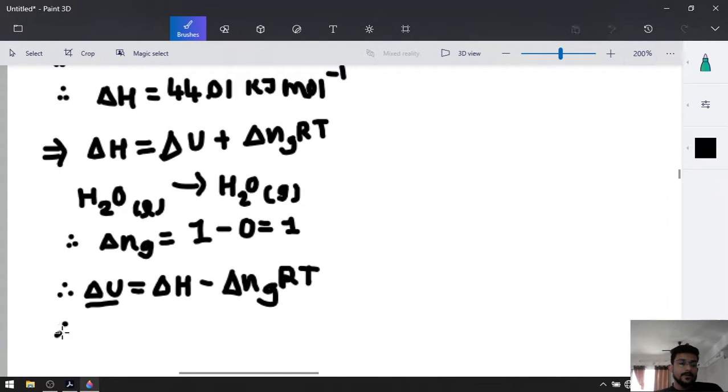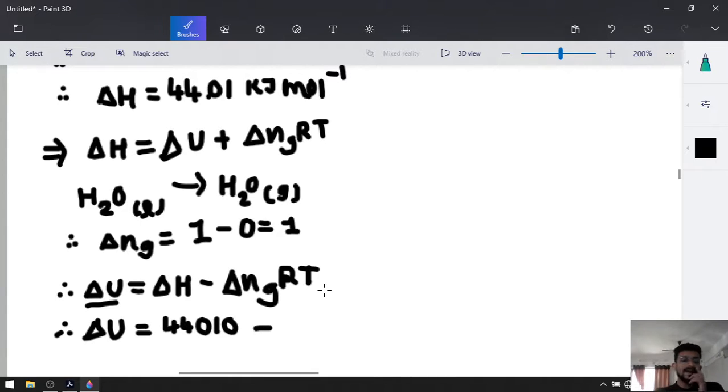Now put in the values for the answer. So delta U will be equal to the value of delta H, 44.01 kilojoule. So kilojoule will be converted into joule, 44.01 multiplied by 1000, 44010.